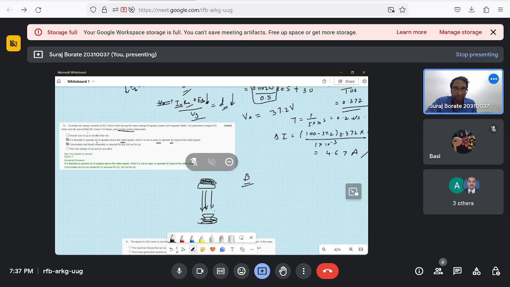The stator has no relation with the commutator because it's stationary, so it's called stator. Rotor is called rotor because it's rotating. This has nothing to do with whether it is permanent magnet or wound field, so this statement is also false. The rotor design of A and B are alike. True, right? Rotor is the same in both. So this is the answer.